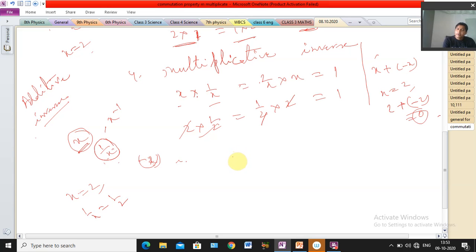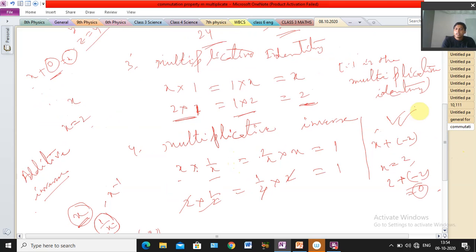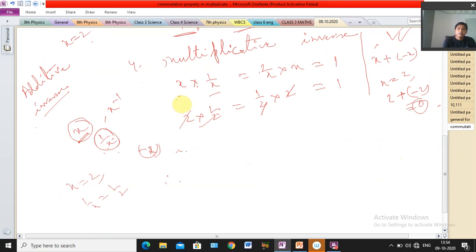So for multiplication we are getting 1, and for addition it was 0. That's why 1 is called the multiplicative identity. And similarly property number 4, the multiplicative inverse, we are discussing. So that's why 1 by x is the multiplicative inverse of x.